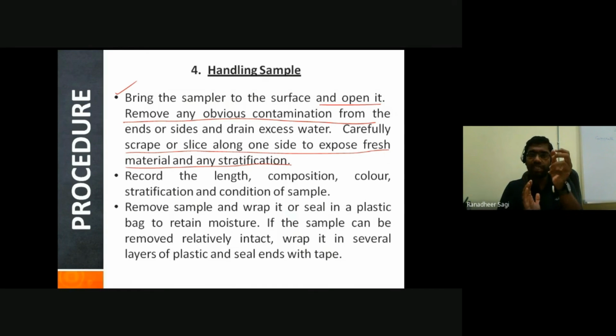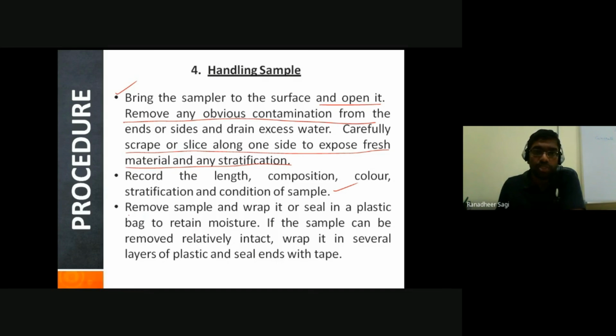So properly push one half of the split spoon sampler in one direction, so that you have a clear visualization of how the stratification of the soil is, what is the length of each soil stratum, what is the composition of the soil, and what is the color of the soil at different depths.